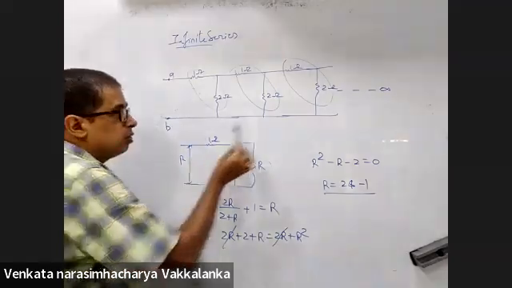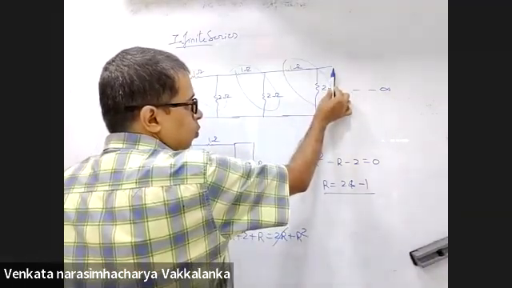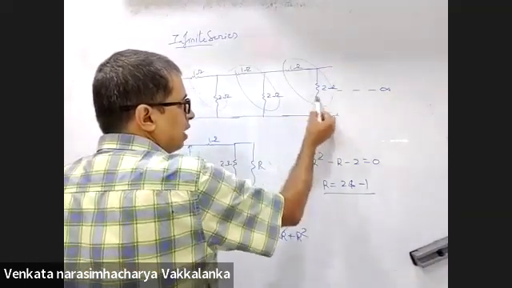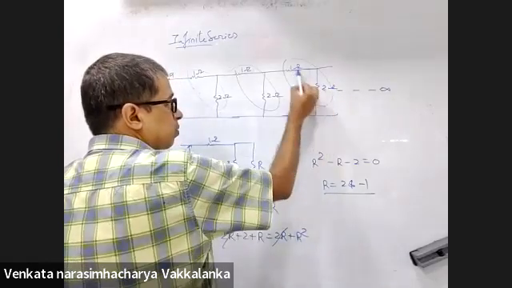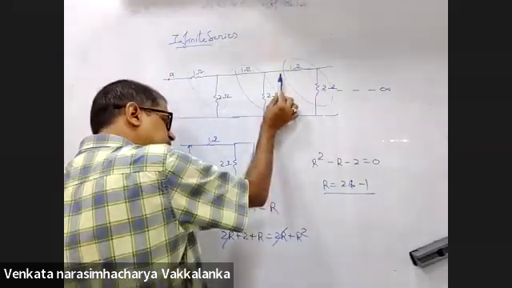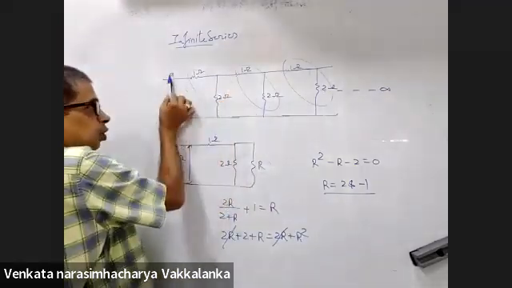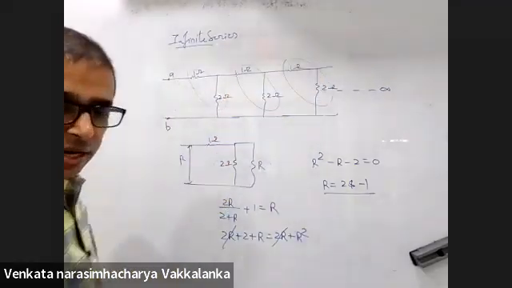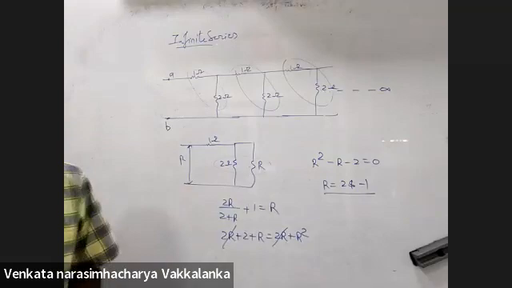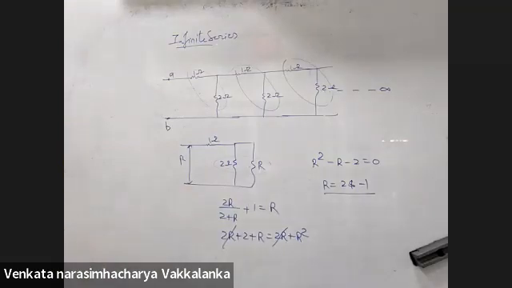Yes, sir. 2 and 2 are in parallel, equivalent resistance is 1. 1 and 1 are in series, equivalent resistance is 2. Now any number of building blocks you put will have the same answer. Makes no difference for me. Yes, sir. This is all about infinite series.